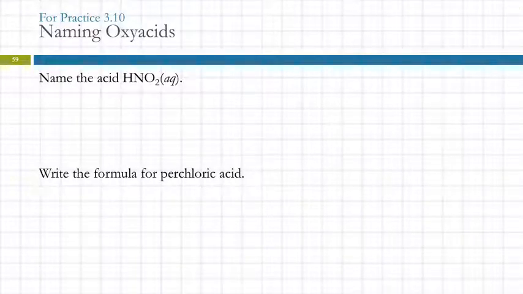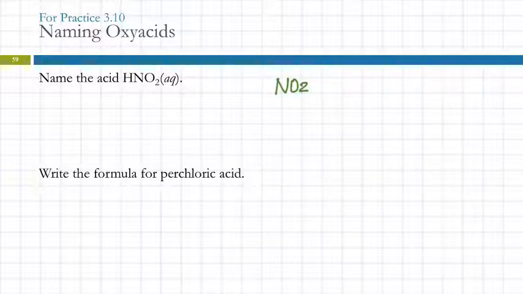So let's look at this one. Name the acid HNO2. And again, we see this aq after it. We see that this is starting with an H. That says, this is an acid, okay? Is there oxygen? Yes, there's oxygen. So we're going to name this based on the name of the anion. So cover up the H, and what do I have left? I've got NO2, right?